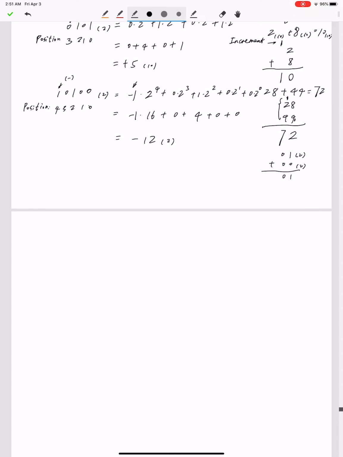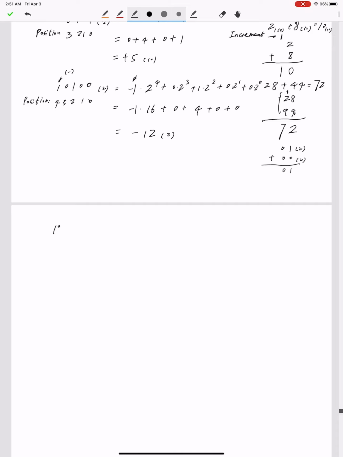The first one: find the decimal representation of this signed binary number, 10110110.